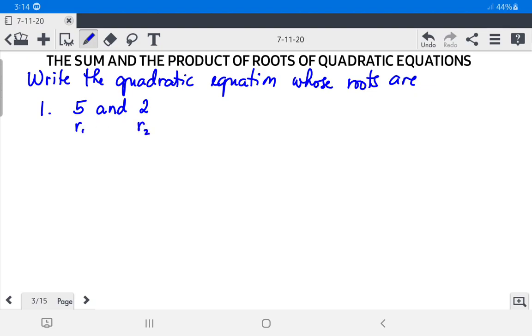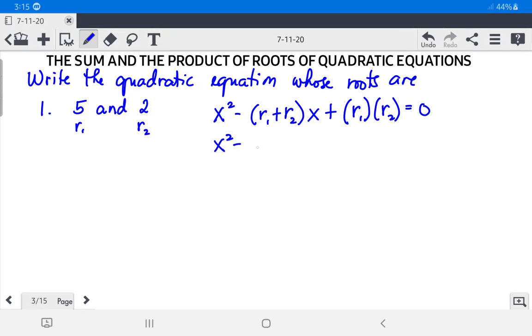Now, what you are going to do is make use of this formula: x squared minus (r1 plus r2)x plus r1 times r2 equals 0. So, we have x squared minus, you just substitute, r1 is 5 plus r2 is 2, then x, plus r1 is 5, r2 is 2, equals 0.